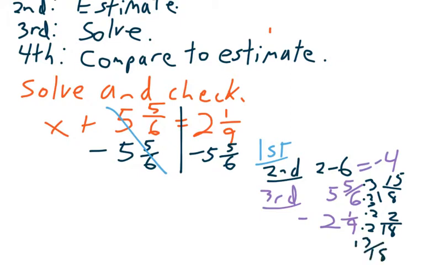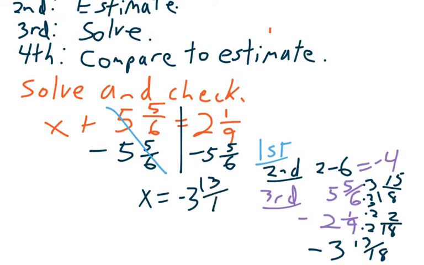And I can take 2 from 5, that would be 3 and 13/18. And remember, the larger number was negative, so my sign is going to be negative. So I get x equals negative 3 and 13/18.